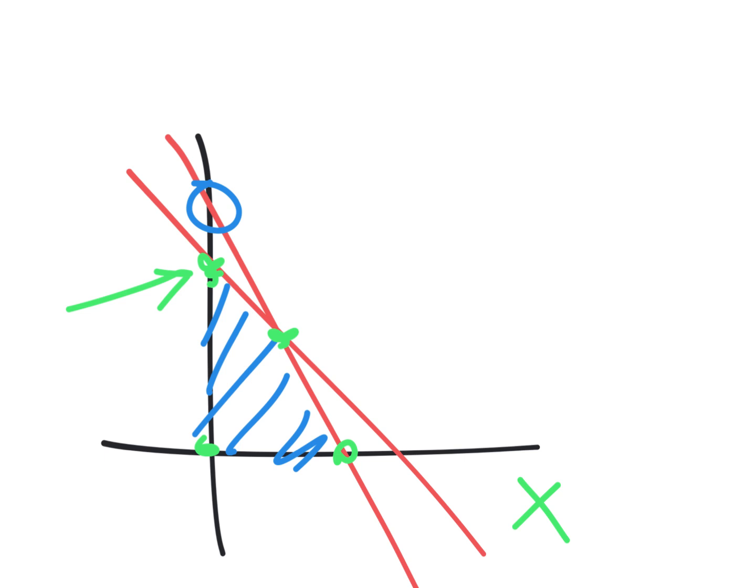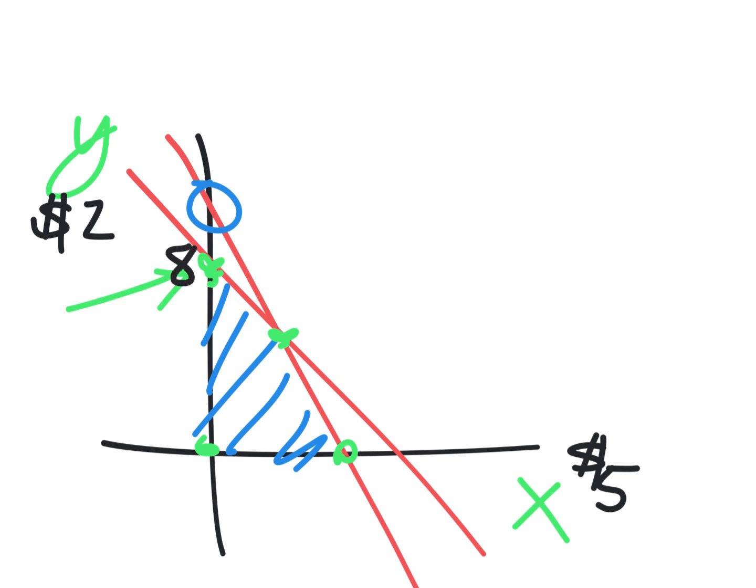Okay, so let's say X's make us $5. For each X you sell, you get $5. And for each Y, you get only $2. So let's say this is at 8. This is at 5, 5.